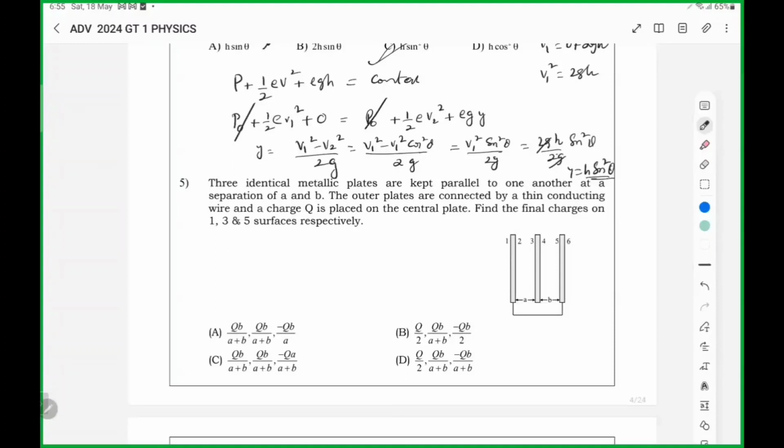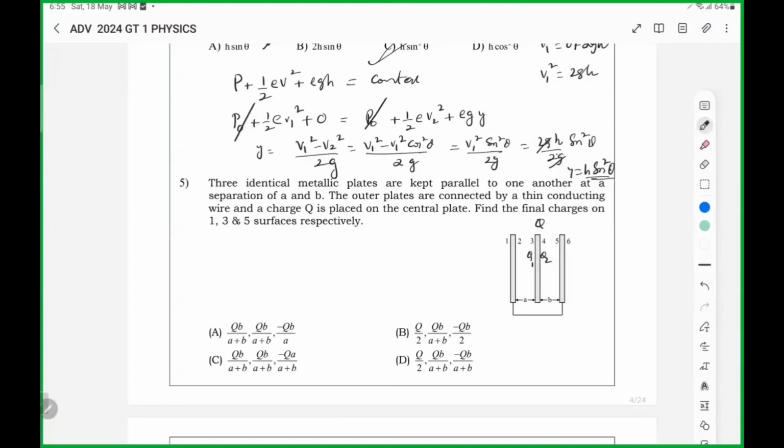Here, three identical metallic plates are kept parallel to one another at separations of A and B. The outer plates are connected by a thin conducting wire and charge Q is placed on the central plate. So the charge is distributed along the inner surfaces, let us say Q1 and Q2.